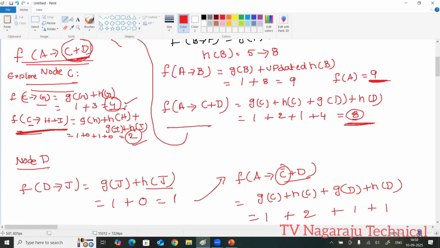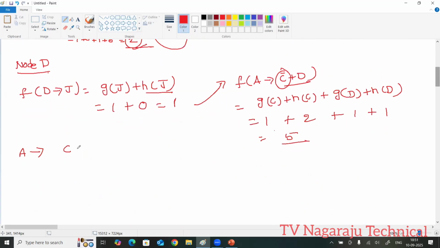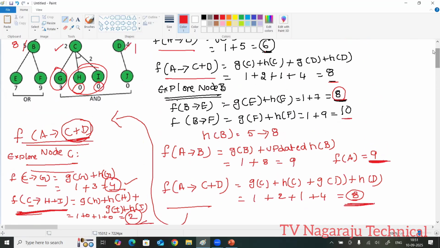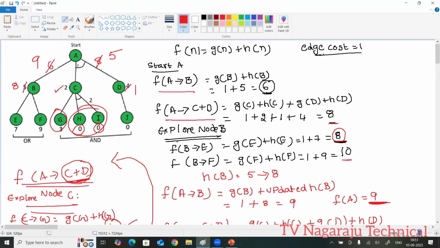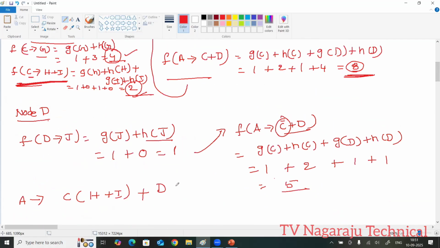G cost is 4, H plus I the cost is 2. So in the C we are considering H plus I. Why am I writing plus? From A, C is completed, end, that is the reason, plus D to J. This is the final path.